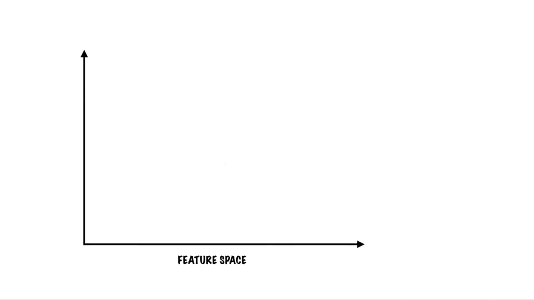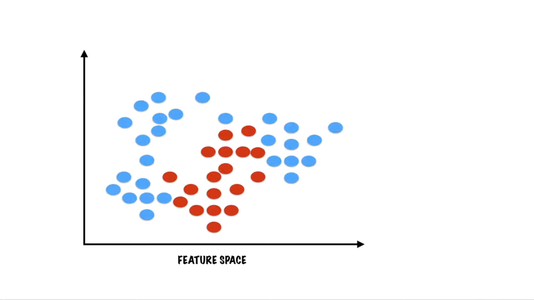Here's a visual representation of the k nearest neighbors algorithm. We have represented all our points in space. This is called the feature space. The blue points are spam and the red points are ham. We could do this in a bunch of different ways. One simple, easy to understand way we already described.